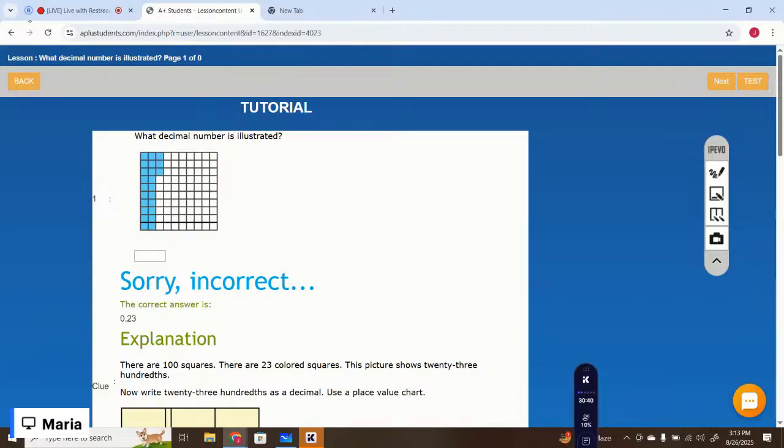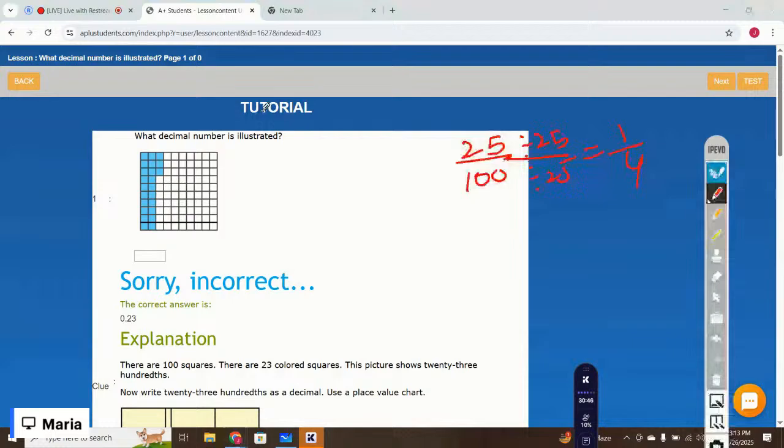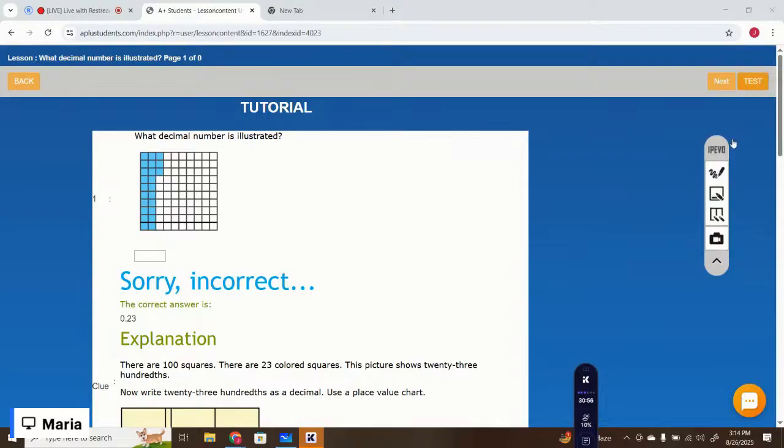So let's just understand the model, right? We need to count the colored lines. The model has 100 small squares, right? So these two lines have 10 and 20 and 1, 2, 3. That is 23 out of 100 because 23 are colored. So that is 23 by 100.